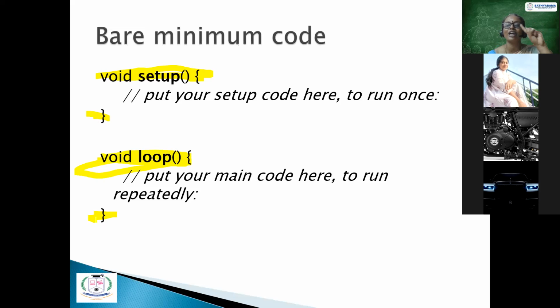When I click new in the Arduino IDE, void setup and void loop will be generated automatically in the program. Even in Tinkercad, even in Arduino IDE, these two will be there. There we have to type our program. So I think it will be very easy for you.